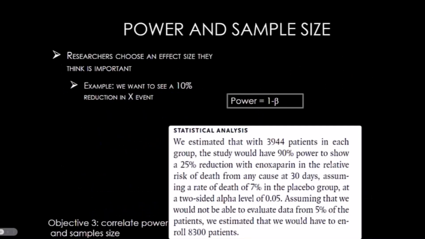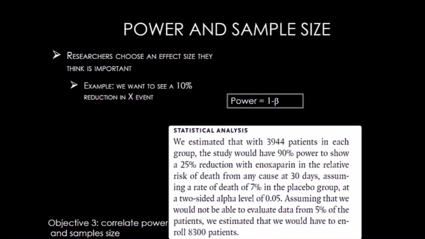So let's talk about an example. Researchers choose an effect size that they think is important. For example, we want to see a 10% reduction in this X event. The effect size is that 10% that they chose.